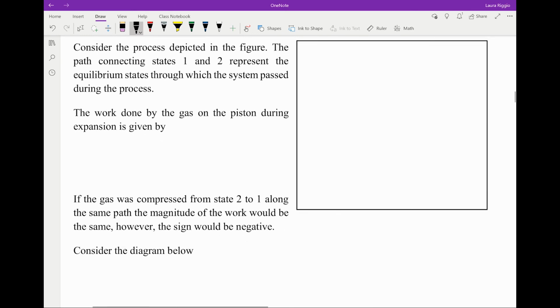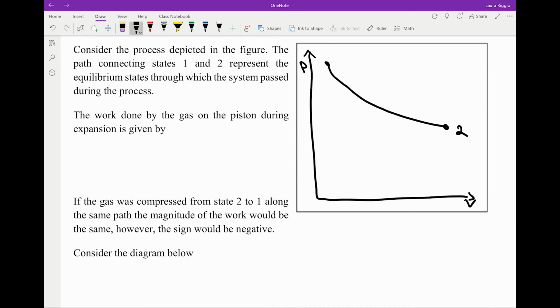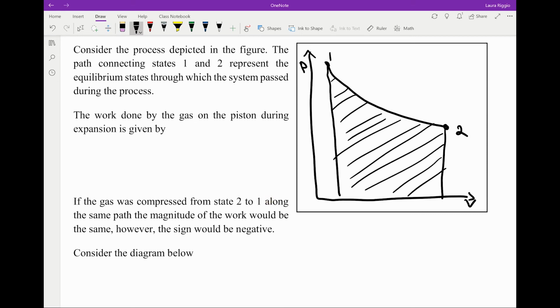So we're going to consider a process, and I'm going to draw on this figure. I have a graph of pressure versus volume. I have state 1 and I have state 2. And I have an area under my curve.